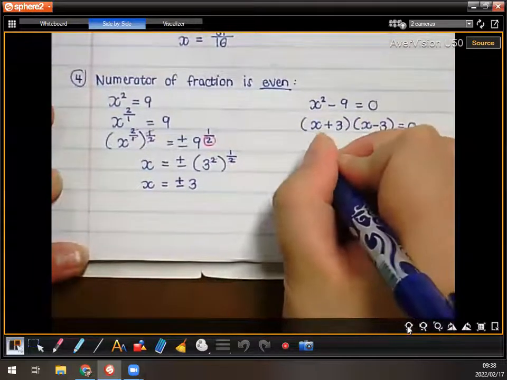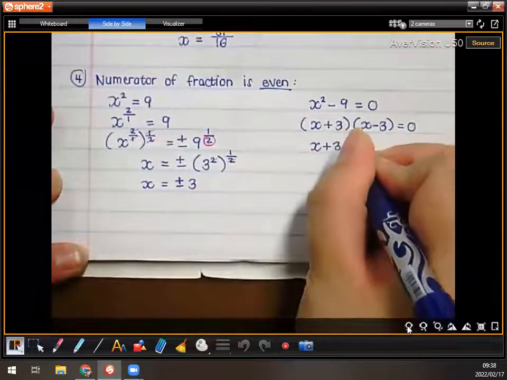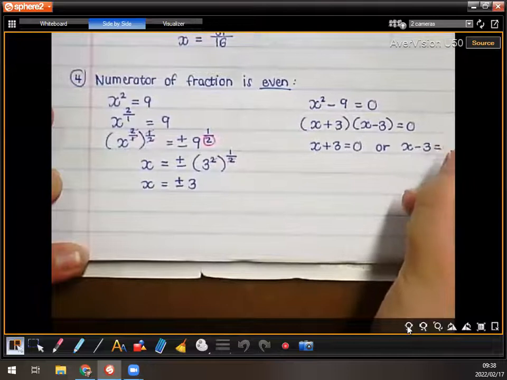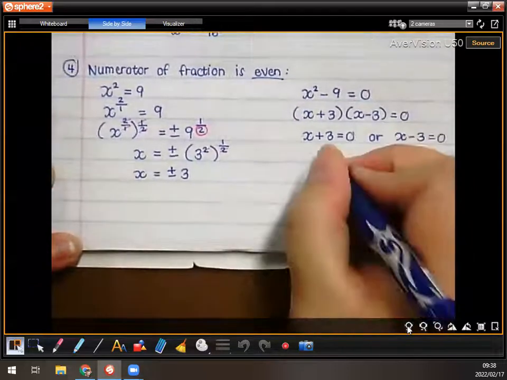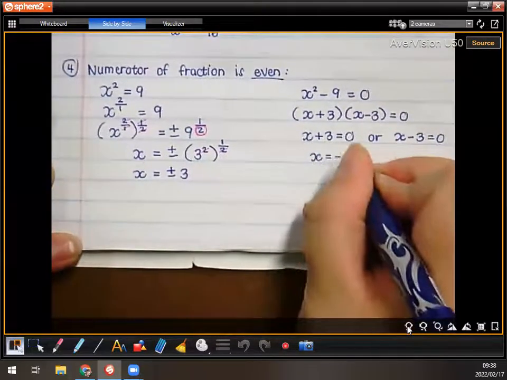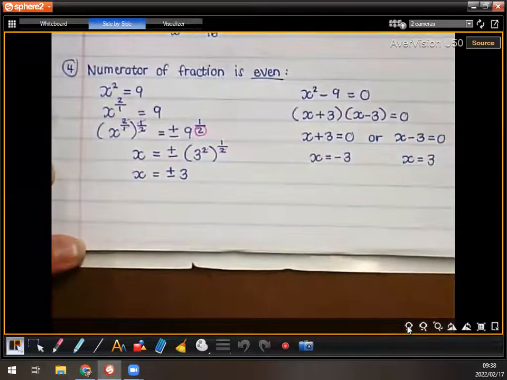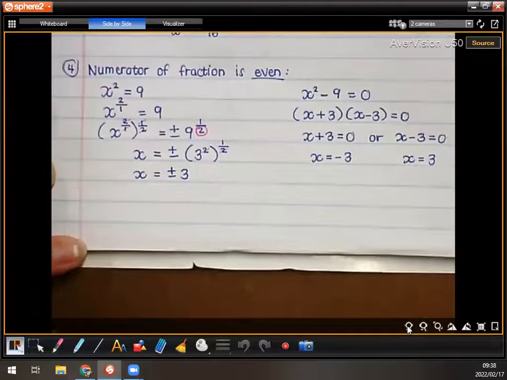From here, you would say the first bracket is equal to 0, or the second bracket is equal to 0. There you would take that x is -3 or x is positive 3. Right? Two answers, 3 or -3.